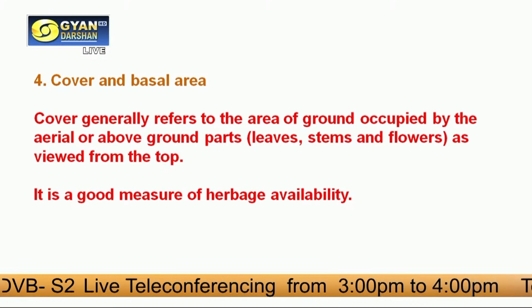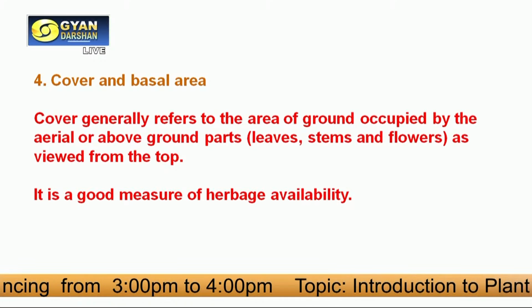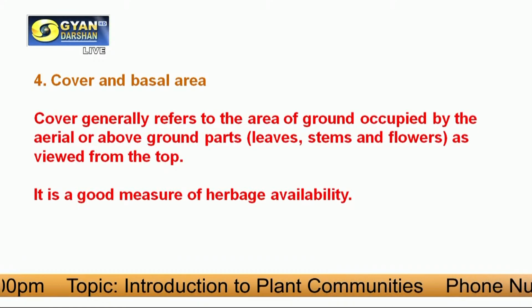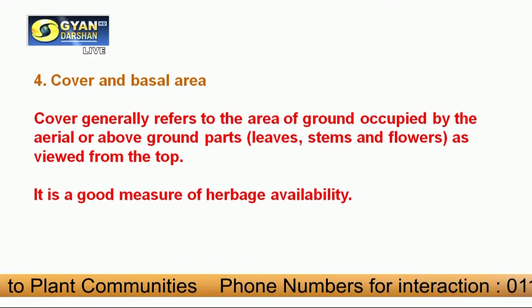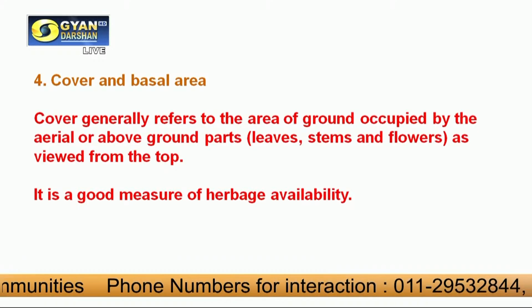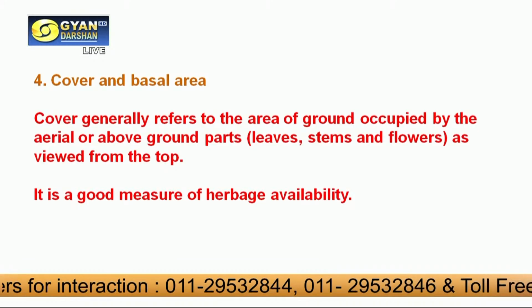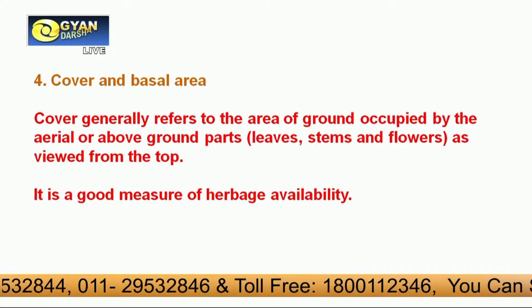So how much area is covered by these plant parts? That you have to calculate. So obviously you have to take a view from the top and see what is the area covered by the aerial or above ground parts. So that is called the cover.